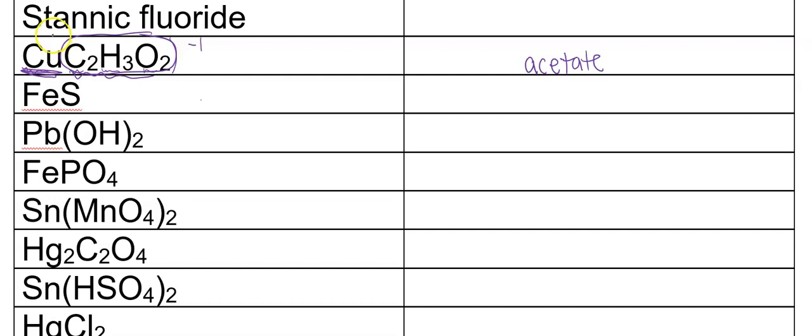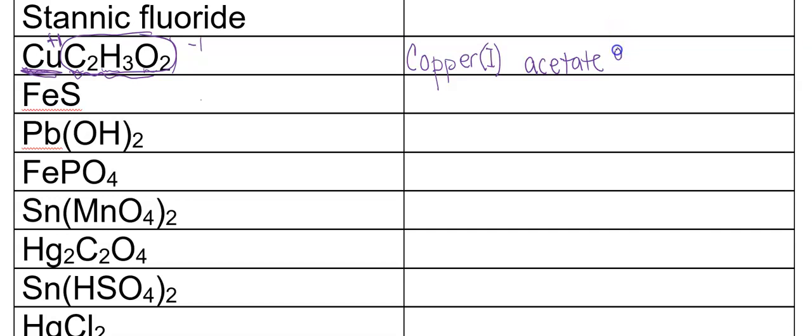So that indicates in order for them to be neutral, this copper would have had to be +1. So the copper of choice, the copper that is used, is copper 1. So copper, parentheses, Roman numeral. The way to do a Roman numeral on the computer is Shift and an I. Shift and I. That's how we'll do copper 1.